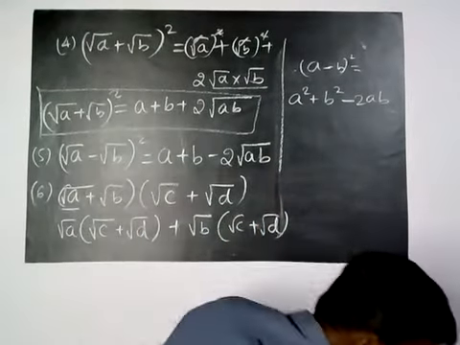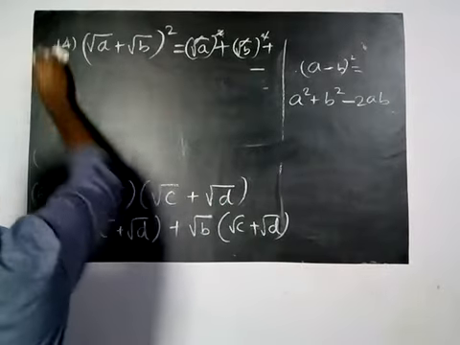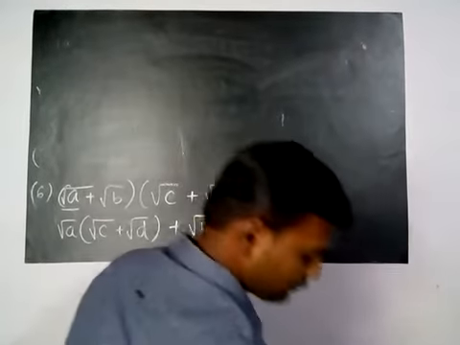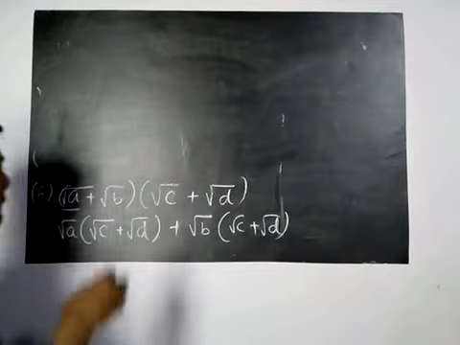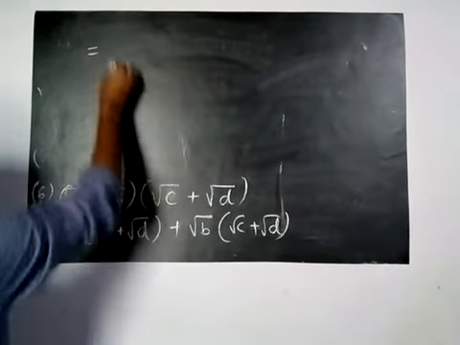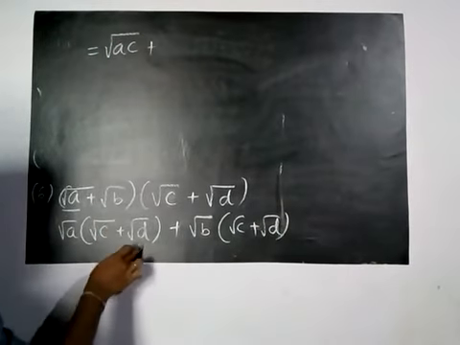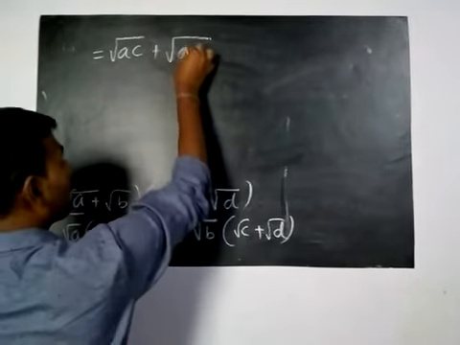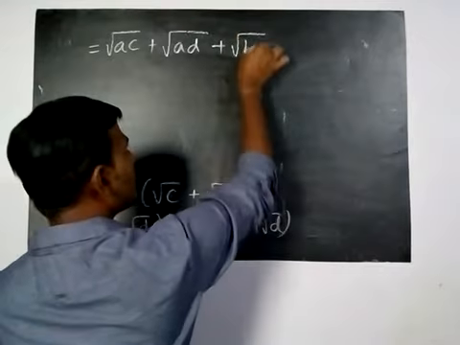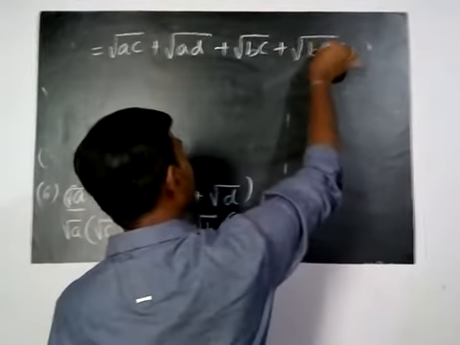What will you get? Root a into c is root ac, plus root a into d is root ad, plus root b into c is root bc, plus root b into d is root bd.